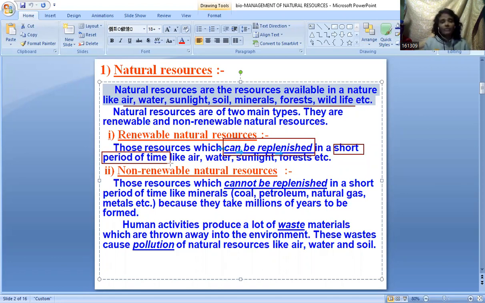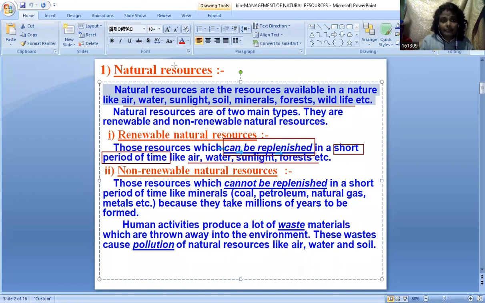It can be recovered back. The examples are air, which is available for us throughout our life, and water, sunlight, forests. These also come under the category of renewable resources.